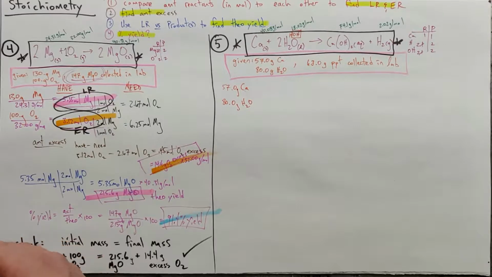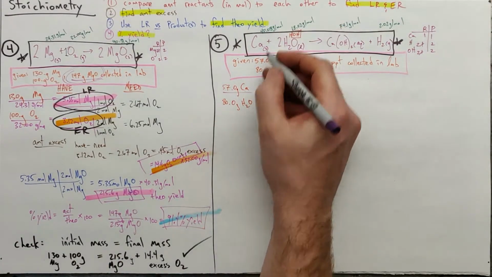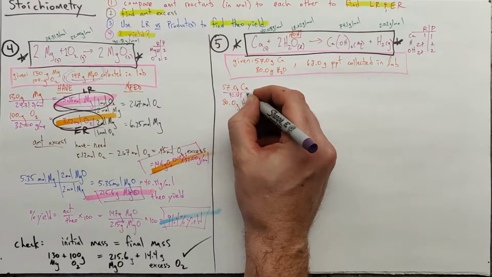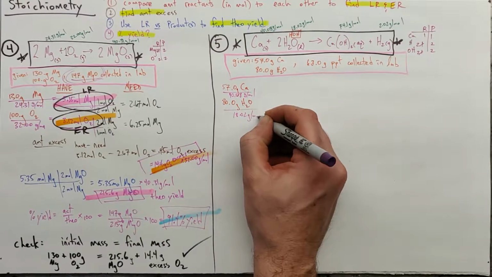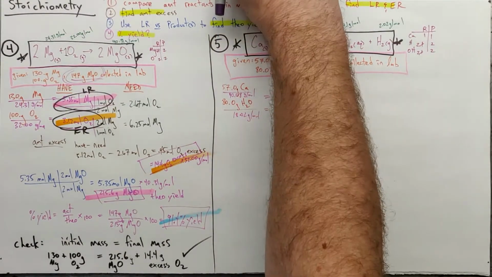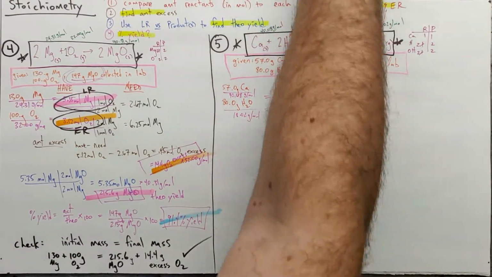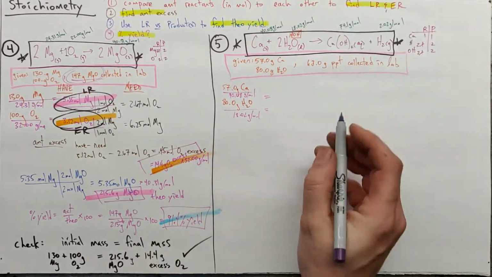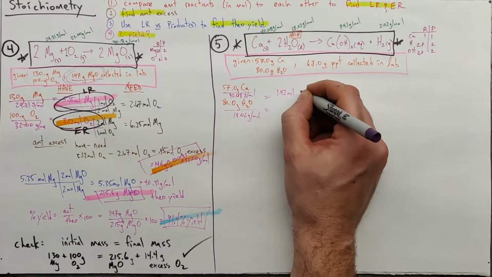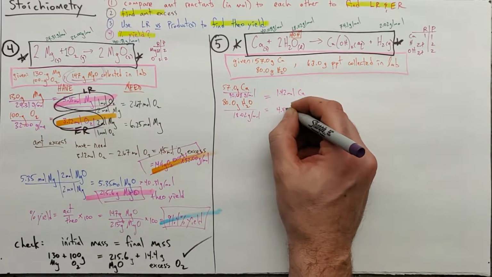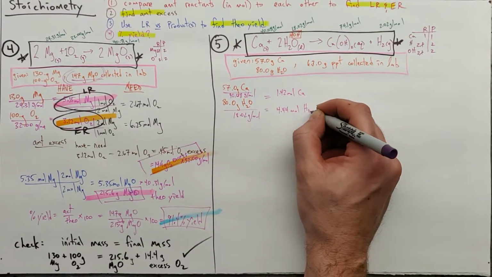I'll try and match my colors from the other side there. Divided by our 40.08 grams per mole, and divided by 18.02 grams per mole, we end up with 1.42 moles of calcium and 4.44 moles of water.